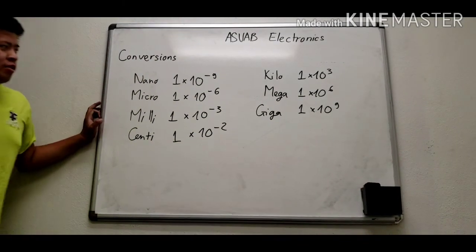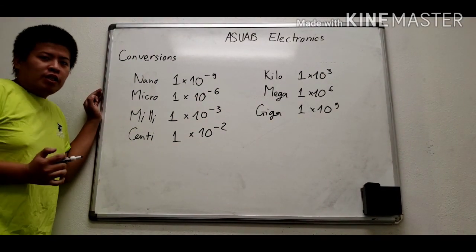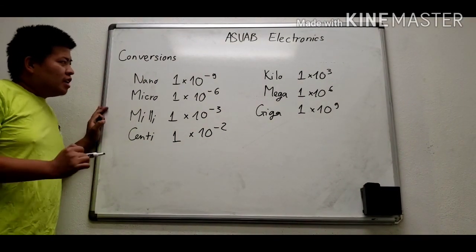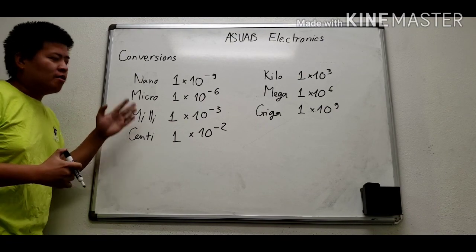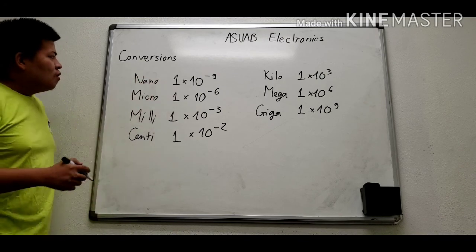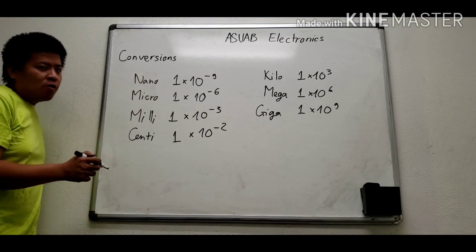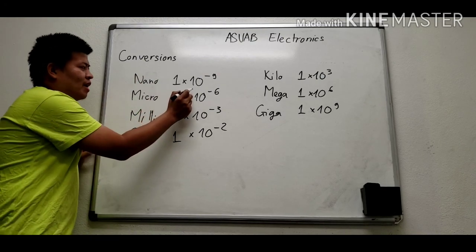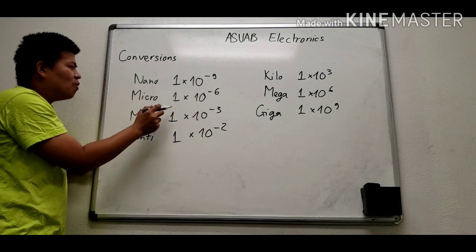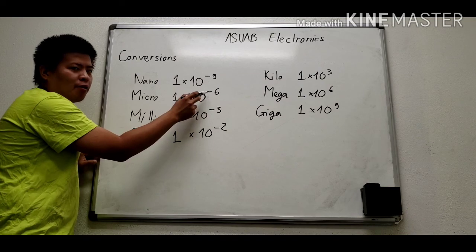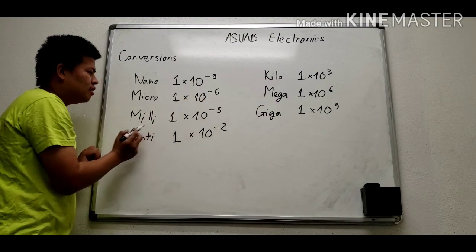Hello everybody, I will do conversions, and this is on the ASVAB, and we need to learn how to do the conversion of the number. For example, nano is 1 multiplied by 10 power minus 9. Micro is 10 power minus 6.